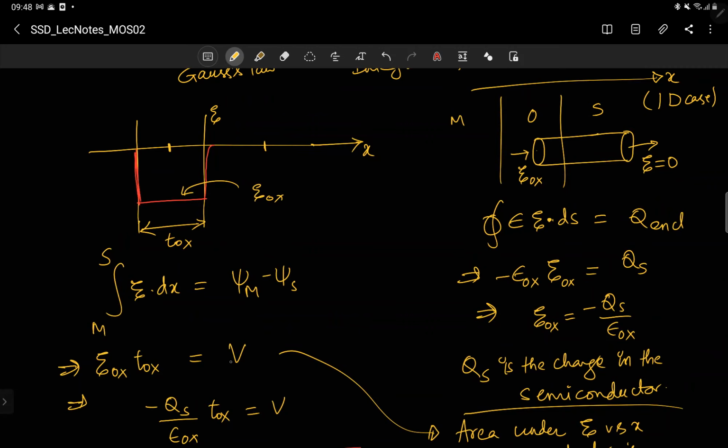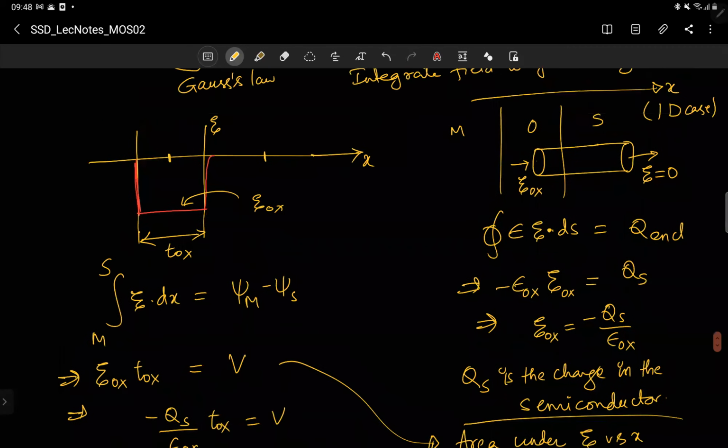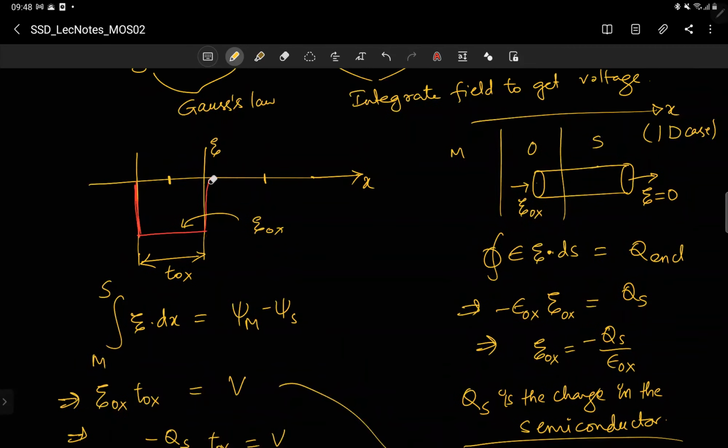Clearly I have neglected the voltage drop in the metal, because in metal the electric field dies down so fast. And we have seen earlier that the electric field dies very fast in the semiconductor region also. This thickness is very small, so this area is neglected compared to this big area.